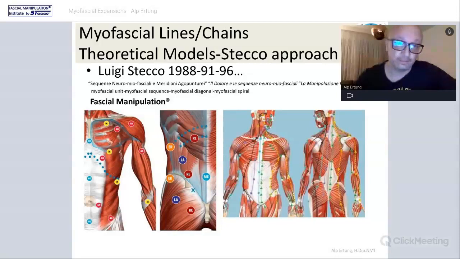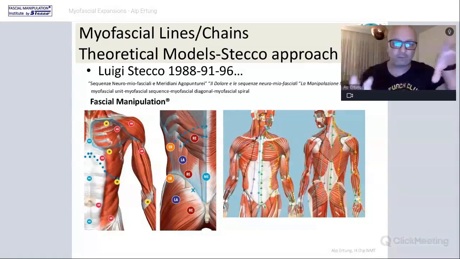So this is really nice to talk about, this concept combining all of these together. And Il dolore e le sequenze neuromyofasciali, the pain and the neuromyofascial sequence, is his second book, from 1991. And the first name of fascial manipulation was La Manipolazione Neuroconnettivale, neuroconnective manipulation, and it became fascial manipulation afterwards. But in every book, he is still talking about neuromyofascial.